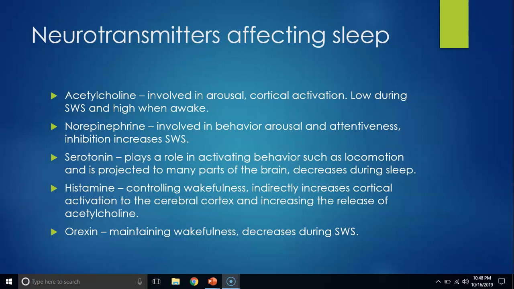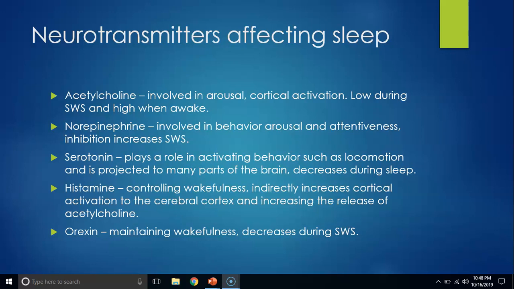Norepinephrine is also involved in behavioral arousal and attentiveness. When it's inhibited, it increases your slow wave sleep. Then there's serotonin. Serotonin plays a role in activating behavior, such as locomotion, and is projected to many parts of the brain.